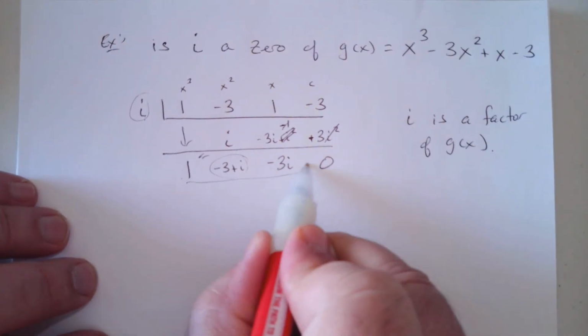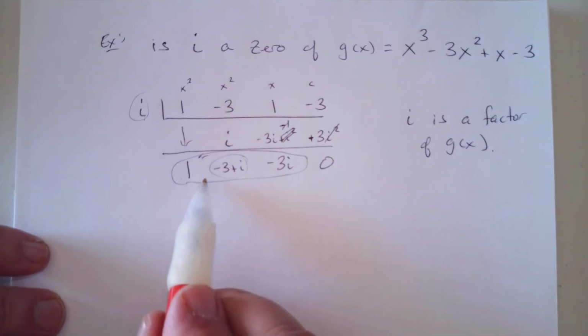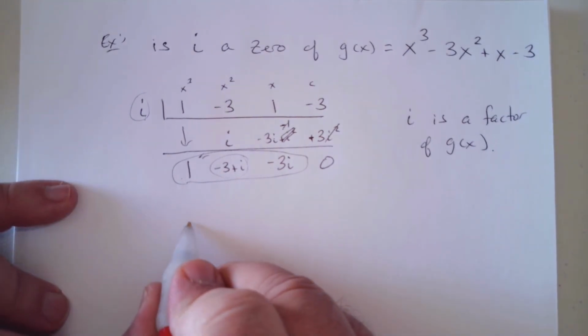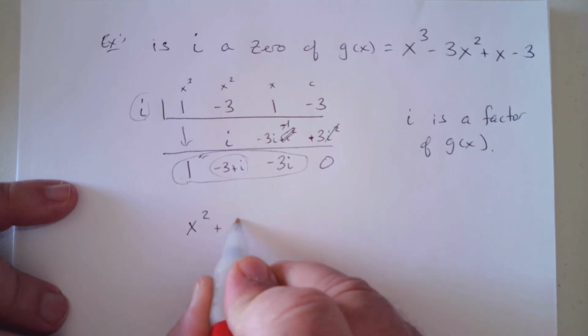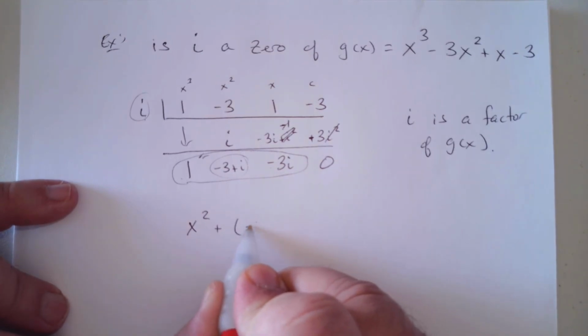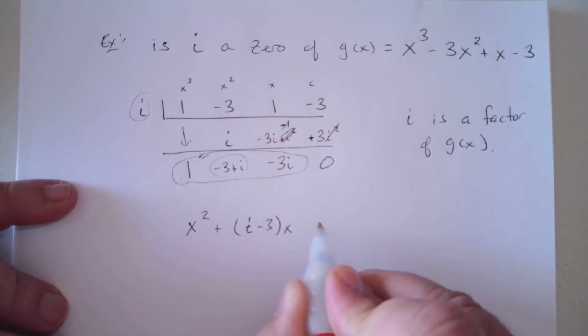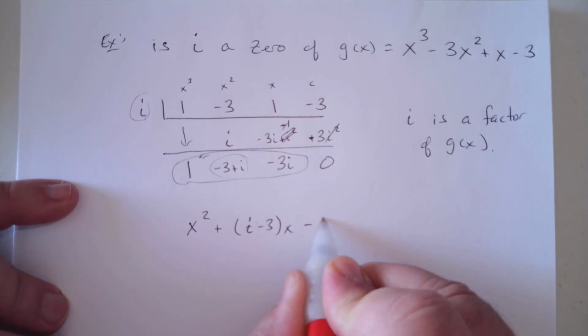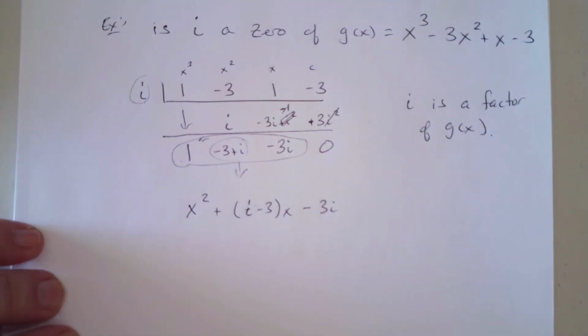And this is what we have left. So the next one we have to look at is just this one. It's going to be x squared plus i minus 3 x minus 3i. That's the remaining polynomial.